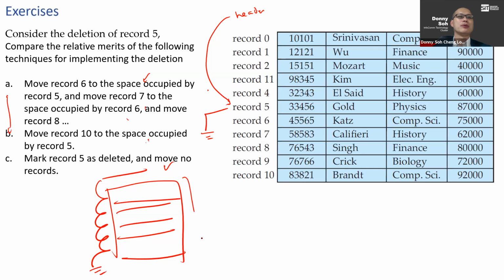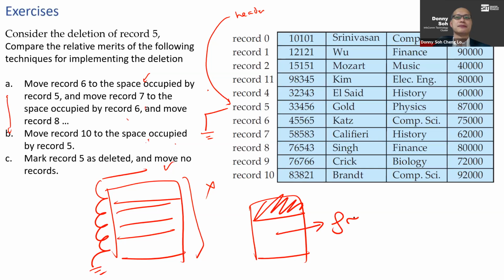So you are going to have a block that is very sparsely populated, and that's something that is maybe not so good. Whereas if we have this scenario, we will still have it packed, and this is free space. Okay, so this is one of the discussion items that I can think of for the pros and cons between these two scenarios. If you have more, you can let me know, I'd be happy to hear them. But I can think of this as one of the potential demerits of this way of deletion.